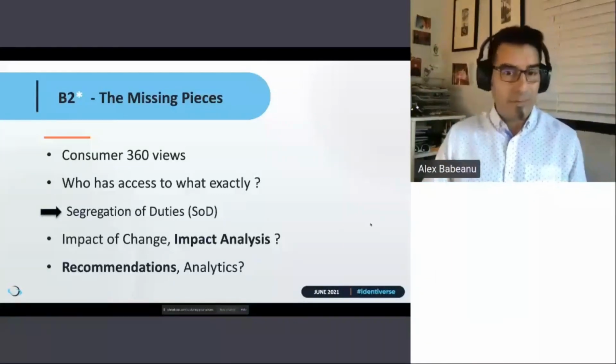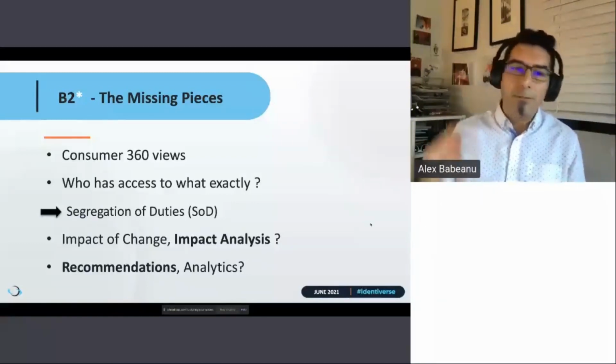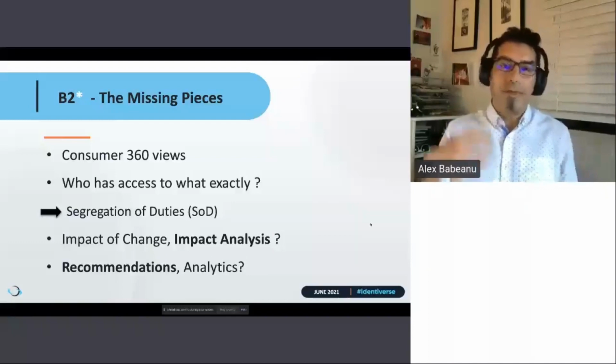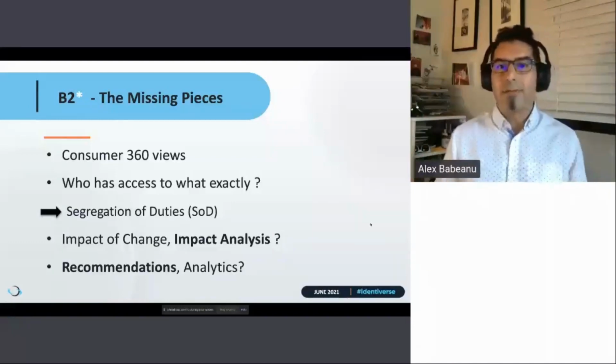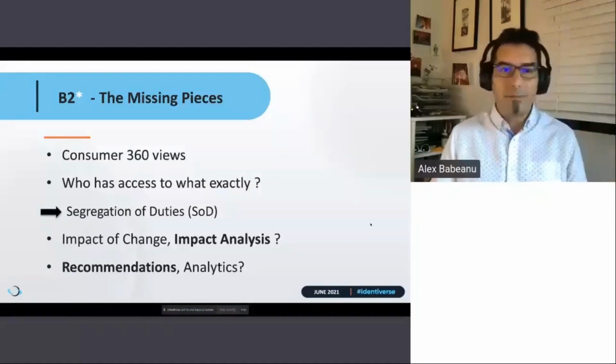How to do segregation of duties. And what is the impact of a change? Can you do impact analysis? What would happen if you remove the role, or if you remove the permission, or if you changed something? And what if your identity system could provide recommendations? Wouldn't that be nice if you could recommend products, or maybe entitlements, or things like that? That's something we don't have right now.